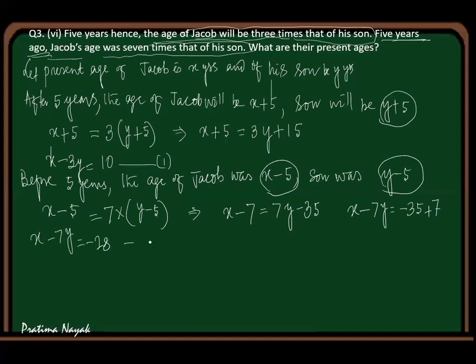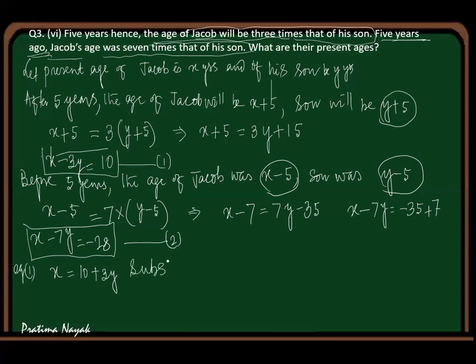This is equation 2. This is one equation. This is second equation. We have to solve it. So we'll do by substitution. From equation 1, I'm writing x is equal to 10 plus 3y.